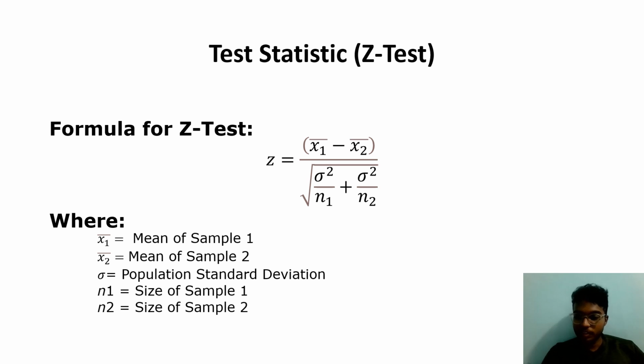What is the Z test? For the Z test, we have a particular formula: Z equals x1 bar minus x2 bar divided by the root of sigma square by n1 plus sigma square by n2. What each term determines here is: x1 bar is the mean of sample 1, x2 bar is the mean of sample 2, and sigma is the standard deviation, that is the population standard deviation in this context, and n1, n2 are the sizes of sample 1 and sample 2 respectively.